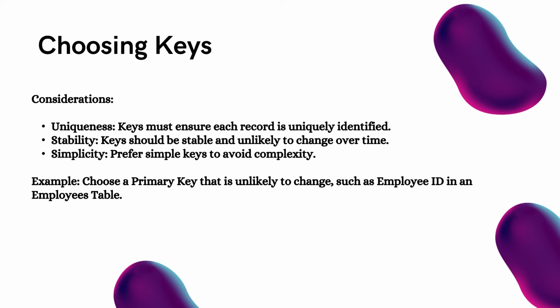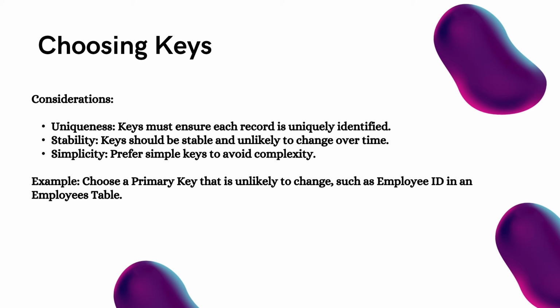Then the key should be simple. As I was saying, the candidate key can have multiple columns together to identify a particular row, but we go by simplicity. We try to find a certain attribute which has just one value and can uniquely define your row.